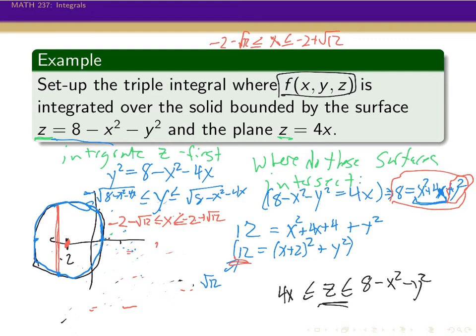My y bounds are minus square root of 8 minus x squared minus 4x to positive square root of 8 minus x squared minus 4x. And then the z bounds, I'll have to fit them in over here. 4x less than z less than 8 minus x squared minus y squared. Right, so, this only took a bit more than 10 minutes just to set this up.